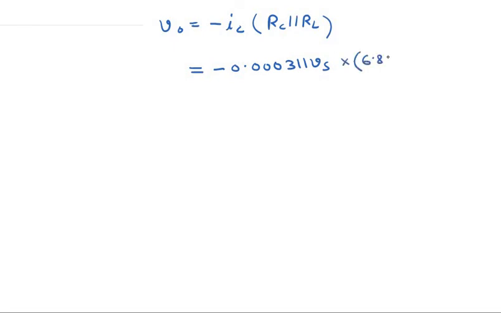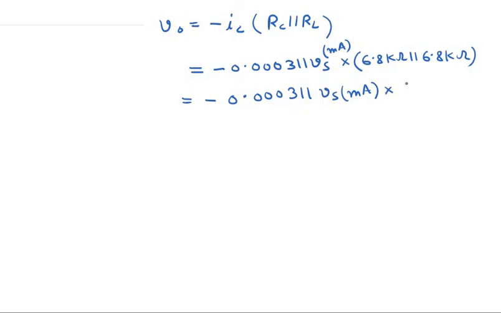So 6.8 kilo ohms parallel to 6.8 kilo ohms gives me 3.4 kilo ohms. So minus 0.000311 Vs, this is the collector current in milliamperes, into 3.4 kilo ohms, which gives me minus 1.06 Vs. So V0 divided by Vs is equal to minus 1.06.